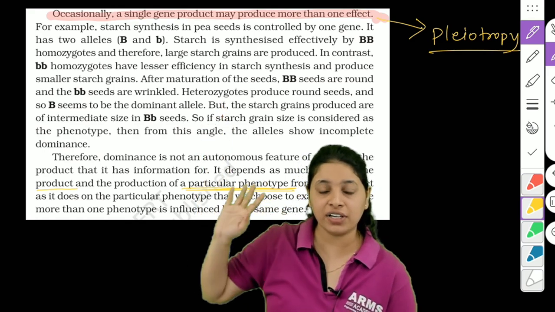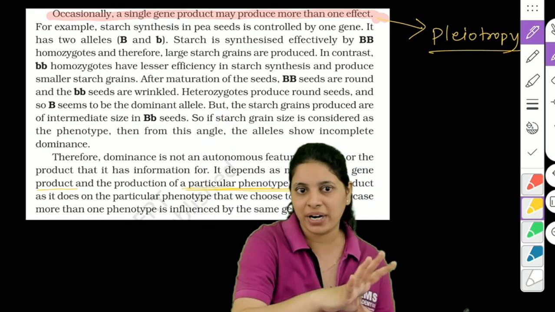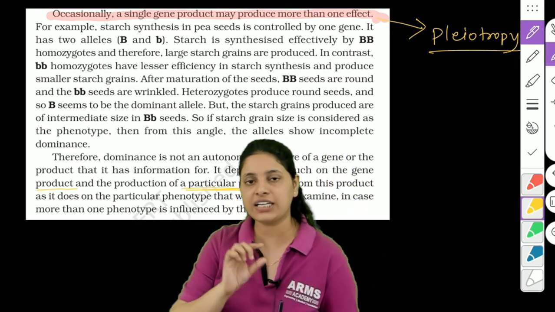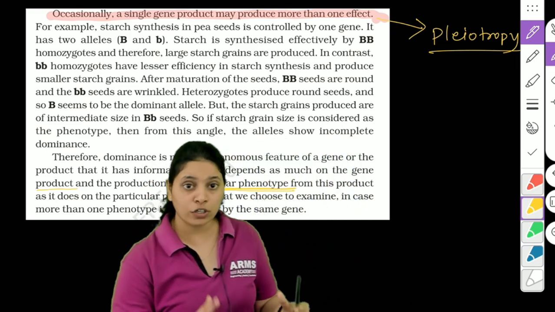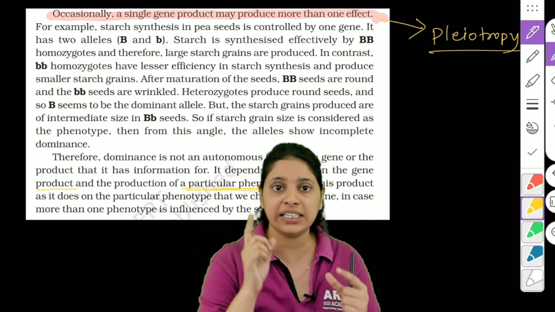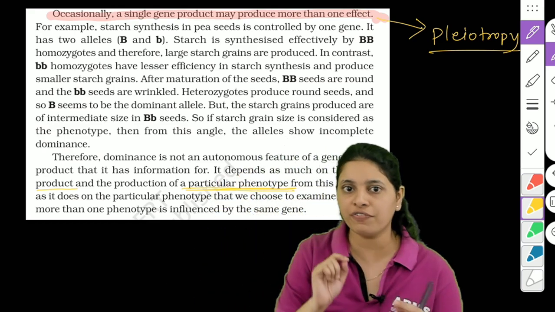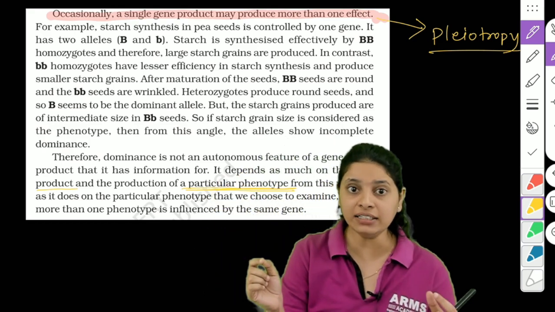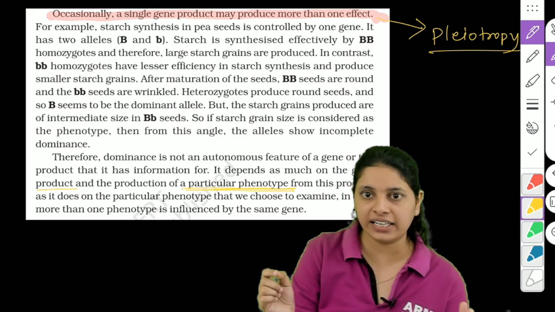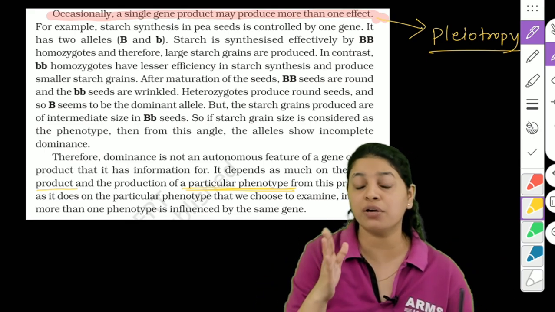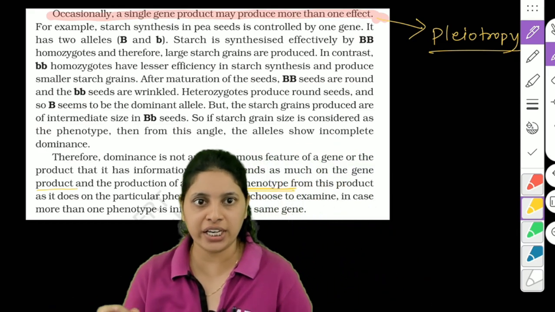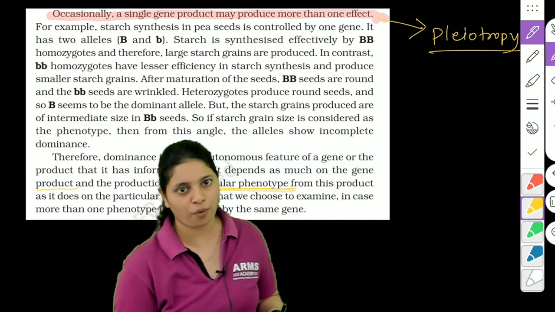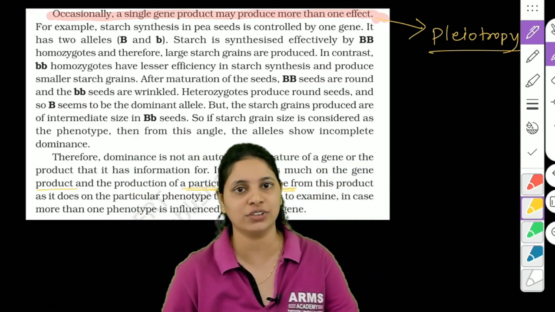It is not directly given in the main topic, but the starch grain size is definitely an example of incomplete dominance. Also, in the same example, we see one gene controlling two different characters, seed shape and starch grain size inheritance, and as one gene is controlling more than one phenotype, this gene is a pleiotropic gene and the phenomenon is called pleiotropy.